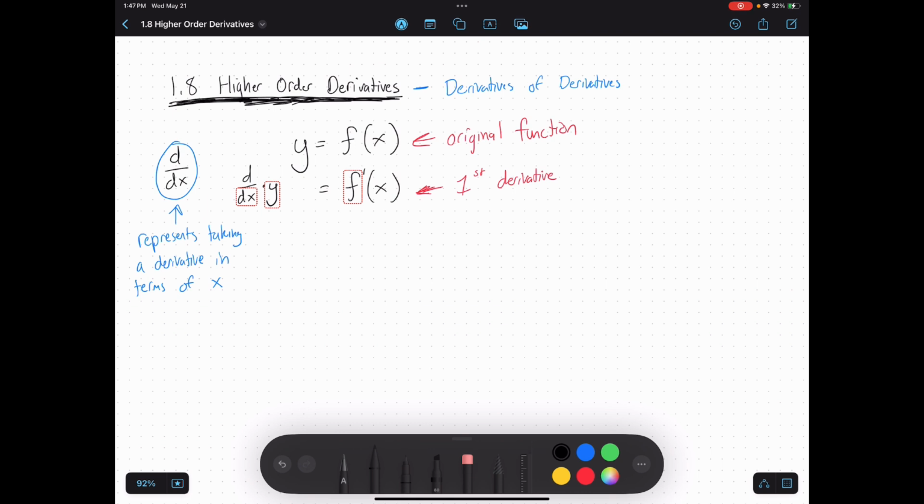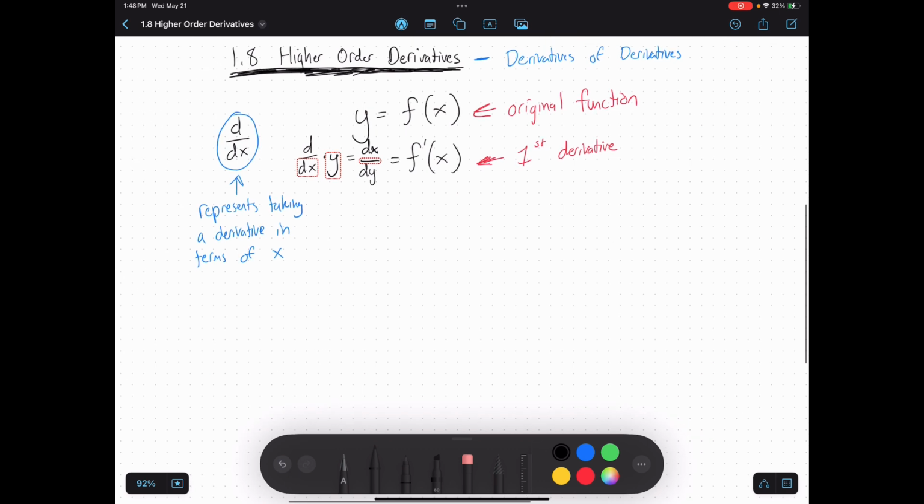Well, when I simplify that, I just get dy over dx. And you guys have seen that notation before, when I first introduced Leibniz notation. Well, let's keep going. Let's find my higher order derivatives by taking the derivative of my existing derivative. So let's take the derivative of the first derivative.